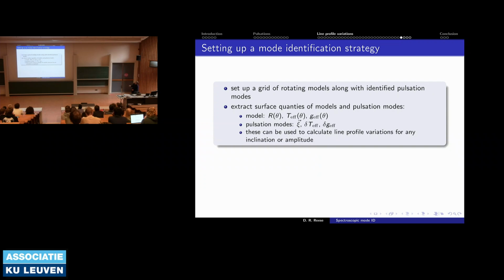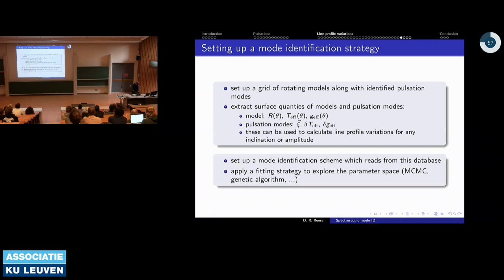And of course, for the models, we would also need the shape of the star given by the radius as a function of latitude, and the temperature and gravity profiles. Using these quantities, you can then calculate line profile variations for any given inclination or amplitude that you choose.